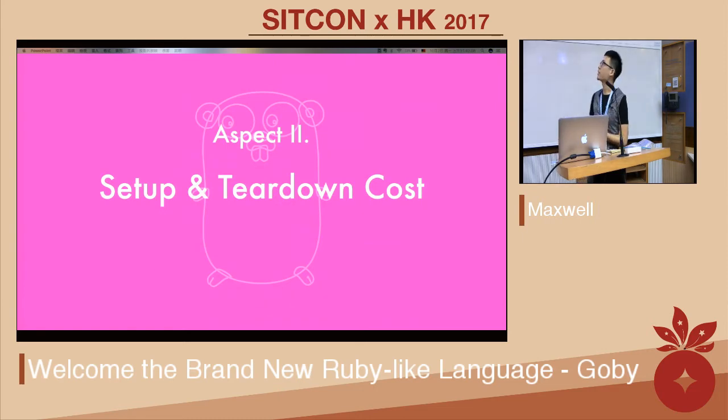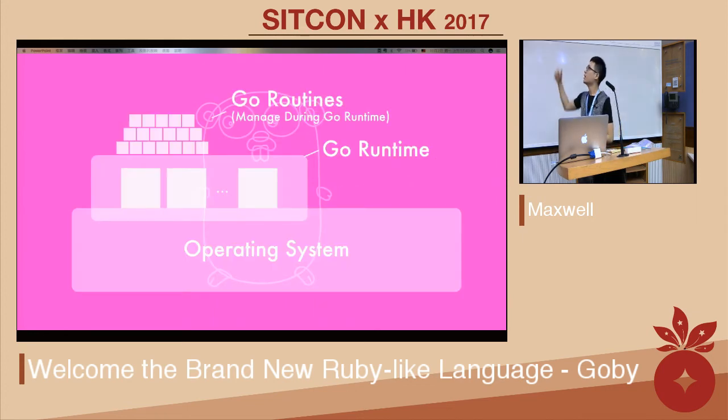The second aspect is the setup and teardown cost. Back to the diagram which I presented before, you can see that a thread is set up by the operating system, so it needs to request the resource from the OS and also return the resource back to the operating system.